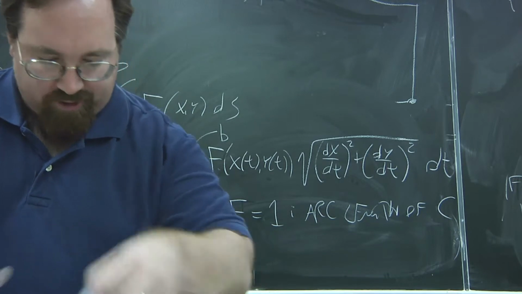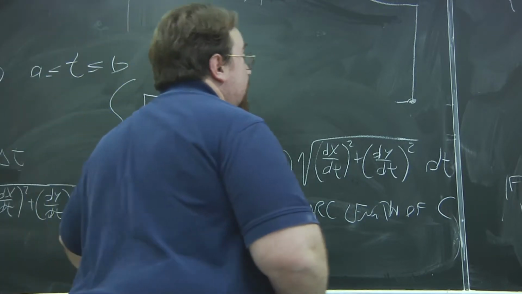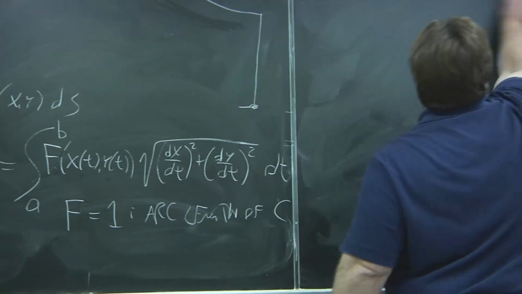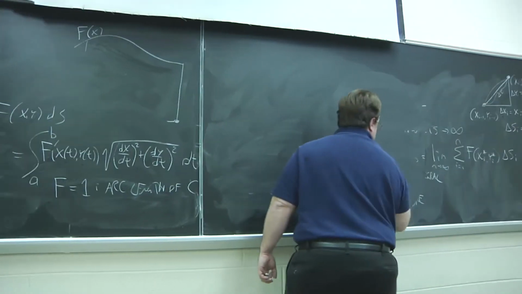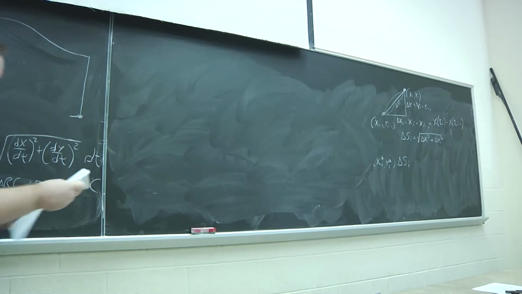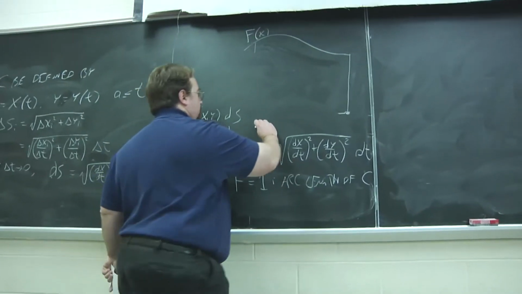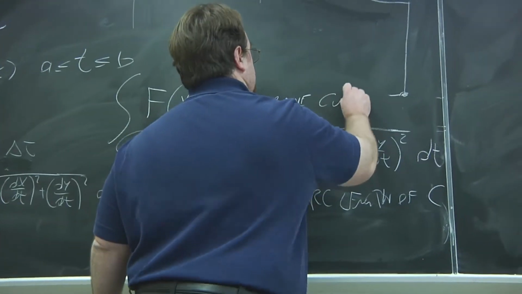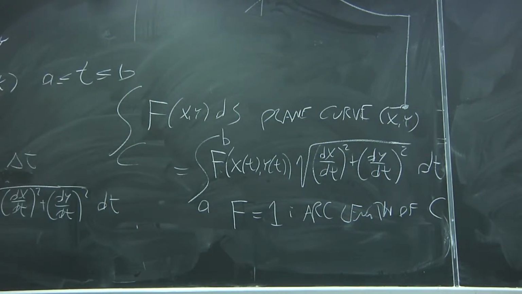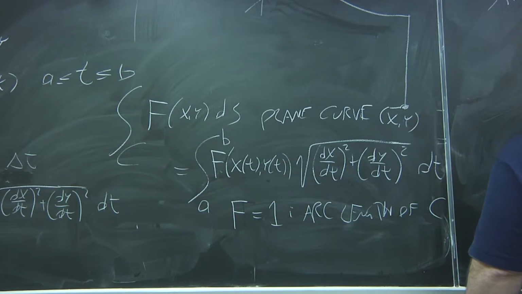Let's take a look at a couple examples of this. Now here, this is for a plane curve, where the curve just sits in the xy plane, everything's a function of two variables. For a space curve, it all generalizes in a very straightforward fashion.